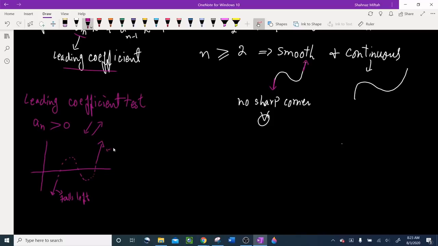This one rises, right. Okay, and another thing you guys should remember here for this: odd degree, positive leading coefficient.